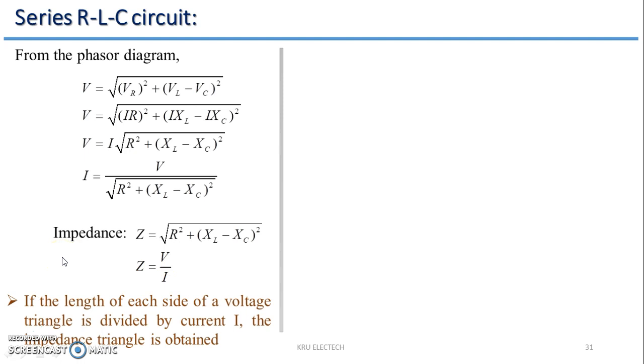If the length of each side of the voltage triangle is divided by the current, the impedance triangle is obtained. And that's very easy because you know that V equals IZ. So if you divide by I, then you will get the impedance triangle.